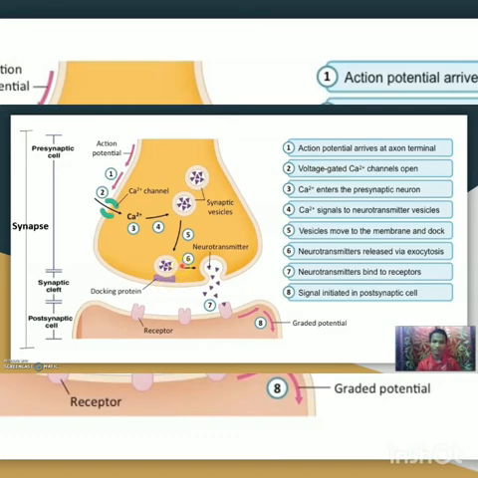Next, neurotransmitters are released via exocytosis. Then the neurotransmitter binds to the receptor of the postsynaptic cell. This is the receptor. And lastly, the signal is initiated in the postsynaptic cell.